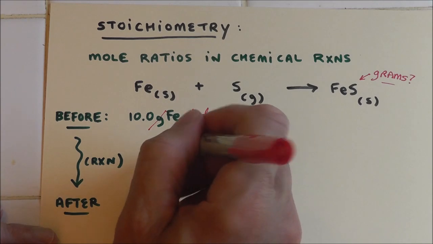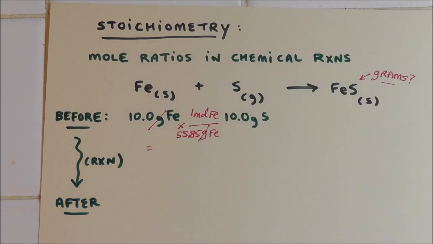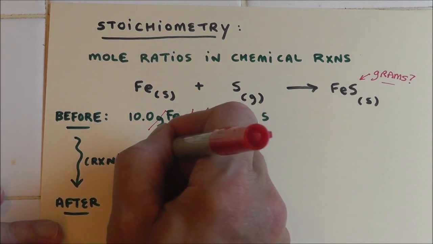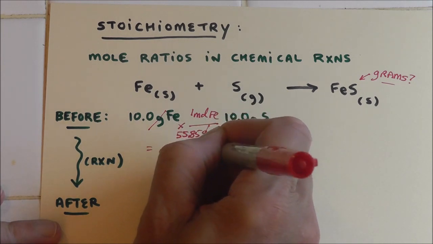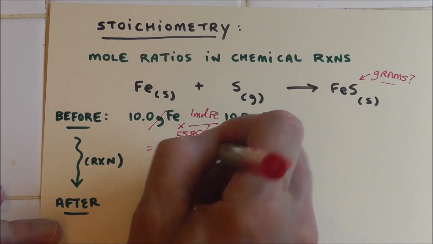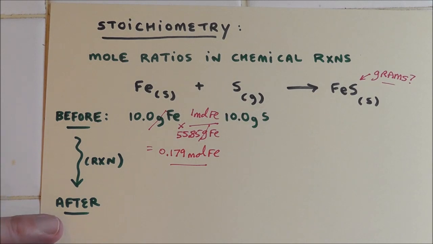Grams cancel, and we get moles. So 10 divided by 55.85 is going to be 0.179 moles of iron. This is before the reaction occurs.